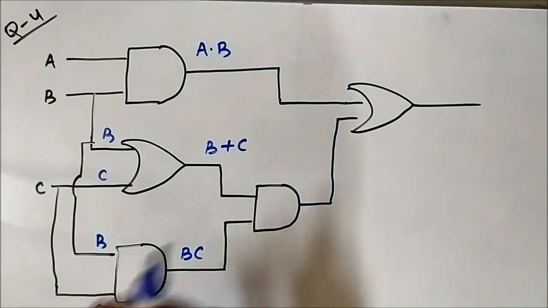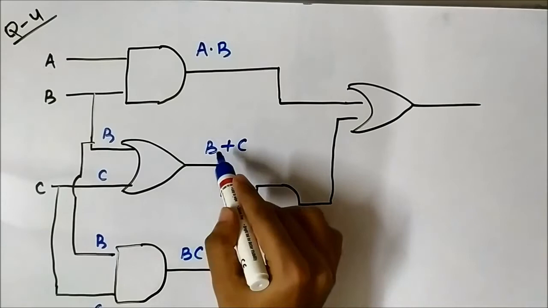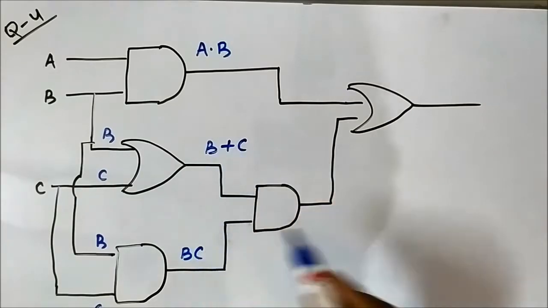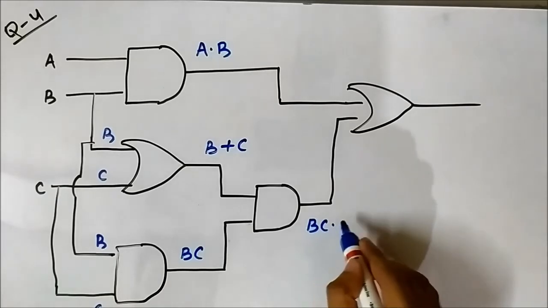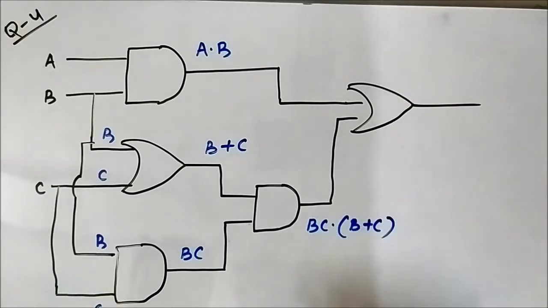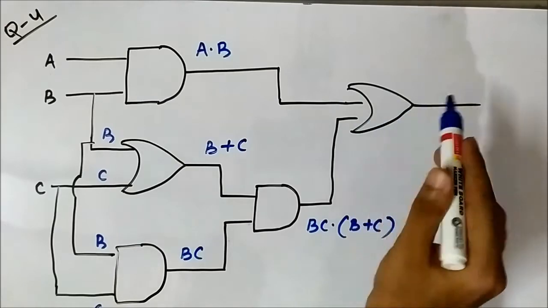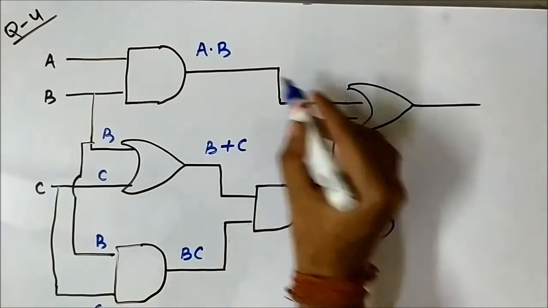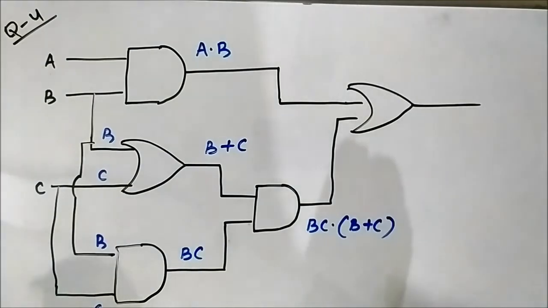Now, this middle level AND gate, the two inputs are B or C and BC. So the output will be BC and (B or C). And here it is AB. So the two inputs to this OR gate are AB and BC and (B or C).